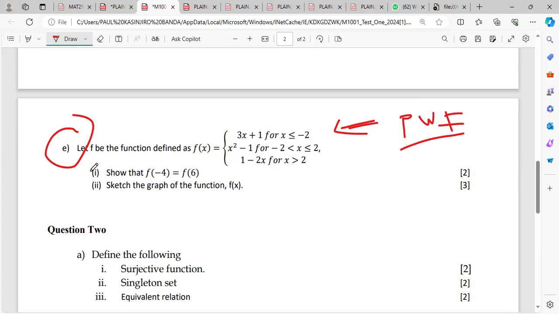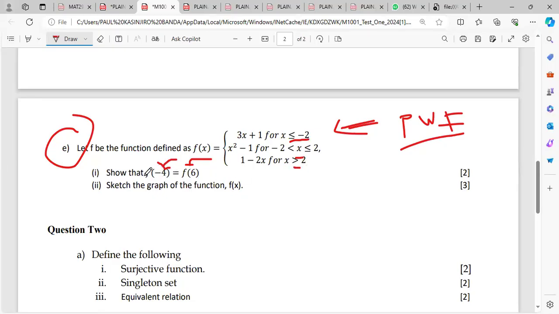Okay, so here on number 1, they're saying show that f of -4 is the same as f of 6. So those input values that you decide to put on this x will depend on the ranges that you have there. If they give you a number, for you to decide which of these 3 equations to use here, you have to consider in which region it is.